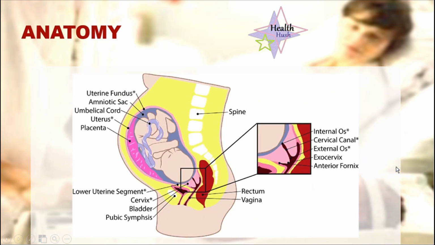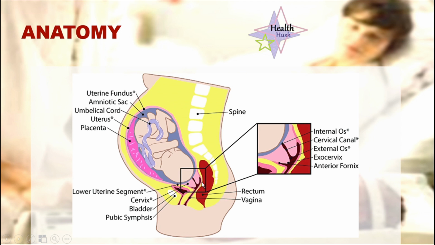So let's see the anatomy of our pregnant mother. Here you can see the uterus, and the amniotic fluid with the sac and fetus in it, and the umbilical cord, placenta, and at the end there's the cervix.